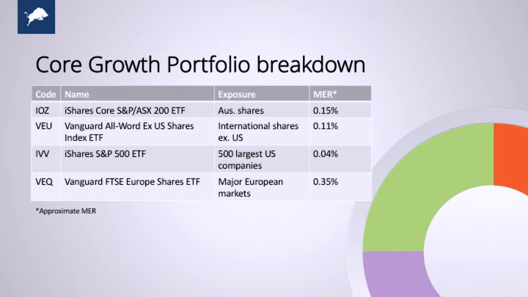Now, the expense ratios, as you can see, are there on the side, and the iShares one is just 0.04% per annum. So really cheap. Why can it be so cheap? Well, there's a fixed cost to running these funds, and the bigger the pool of investments gets, the lower those costs can be. So just 0.04% approximately on that iShares S&P 500.